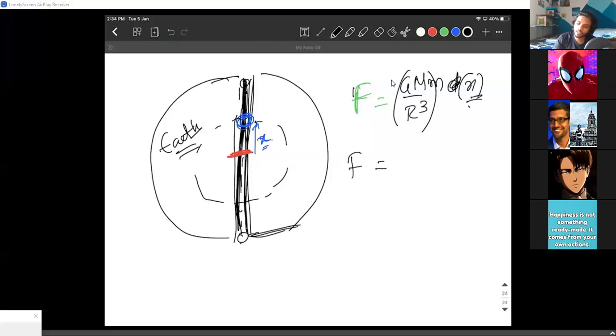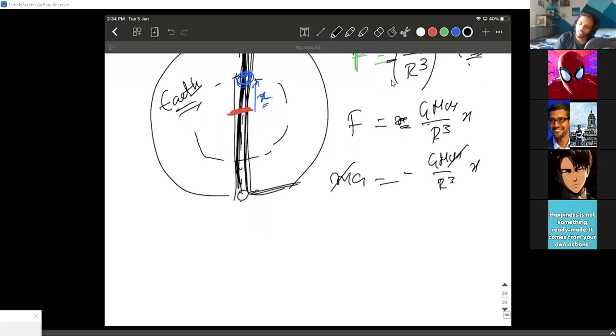So F equals GMm by R cube into x, with a minus sign. I write ma, so minus GMm by R cube into x, the mass cancels out. The acceleration equals minus GM by R cube into x.